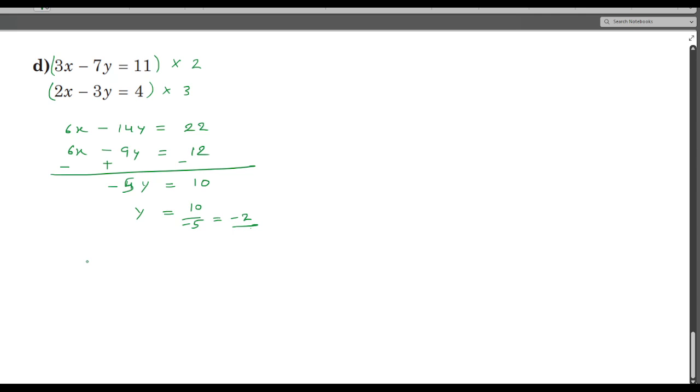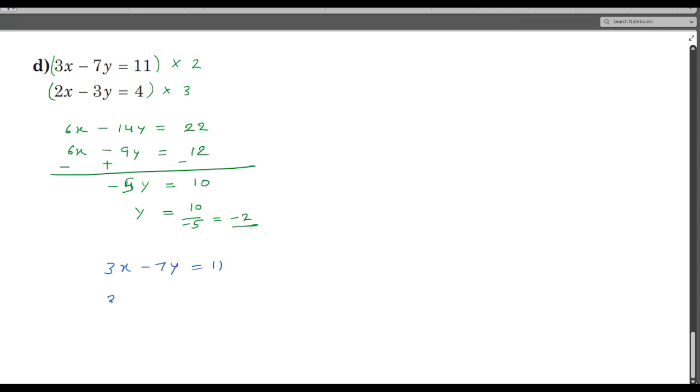Now I will use this value of y in any of the equations. Instead of using this modified equation, 6x minus 14y is equal to 22, I can use my basic equation, which is 3 times x minus 7 times y is equal to 11.